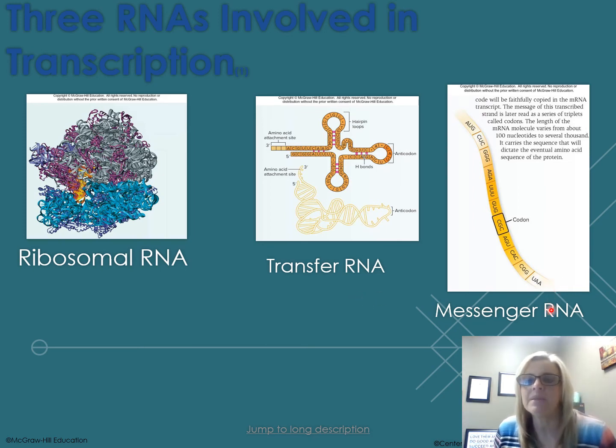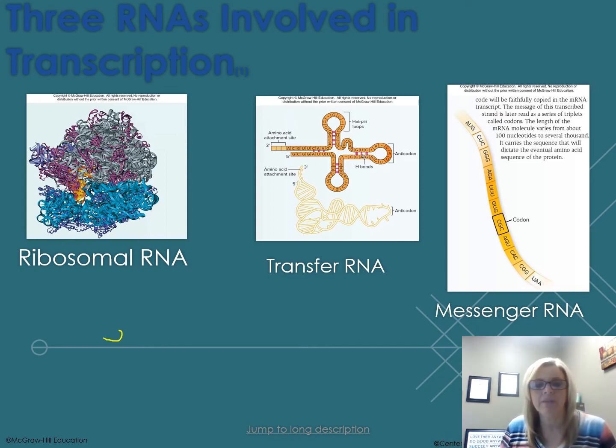Now, this says messenger in our messenger RNA, so I'm kind of pretending this is a protein molecule, and this is amino acids here, which these three codes actually do represent. Like this AUG, this codon on this messenger RNA, would tell tRNA, go pick up methionine and drop it off right here. So while this is actually a picture of messenger RNA, I'm using it to describe an actual protein molecule.